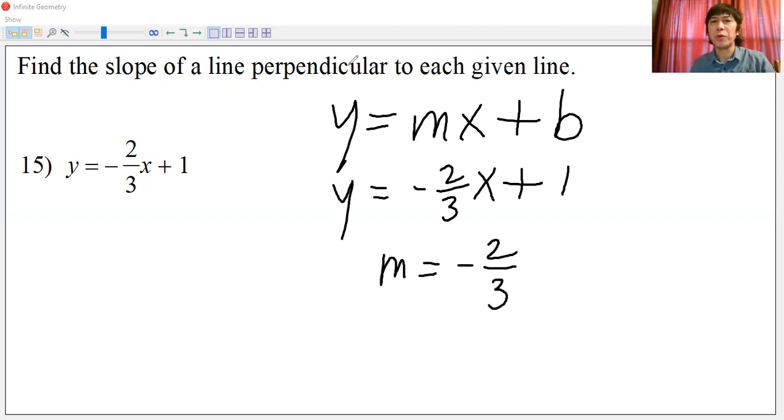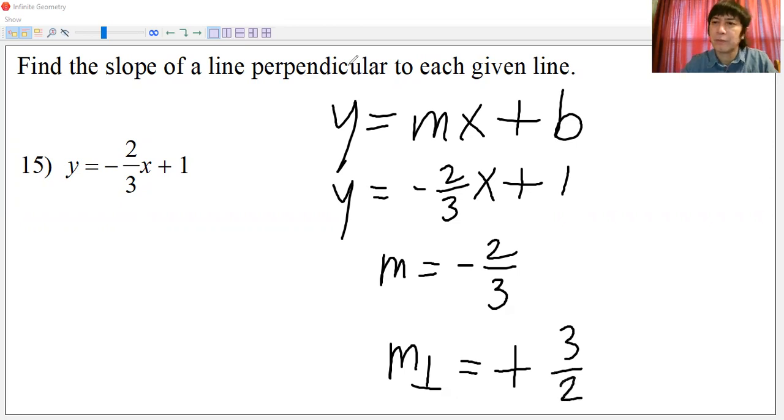What could be the slope of the line perpendicular to this line? First, the given slope is negative, so we will make it positive. And then the reciprocal of 2 over 3 is 3 over 2. So our answer is 3 over 2.